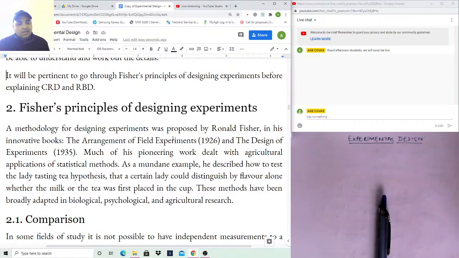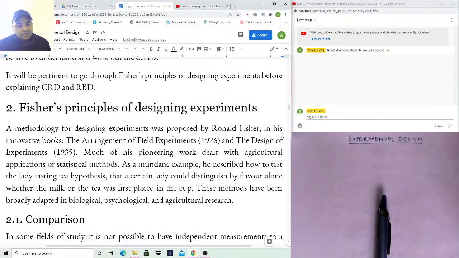Okay. So The Arrangement of Field Experiments, in 1926 he gave one book, and then The Design of Experiments in 1935 was given. Right. So much of his pioneer work dealt with the agricultural application of statistical methods.